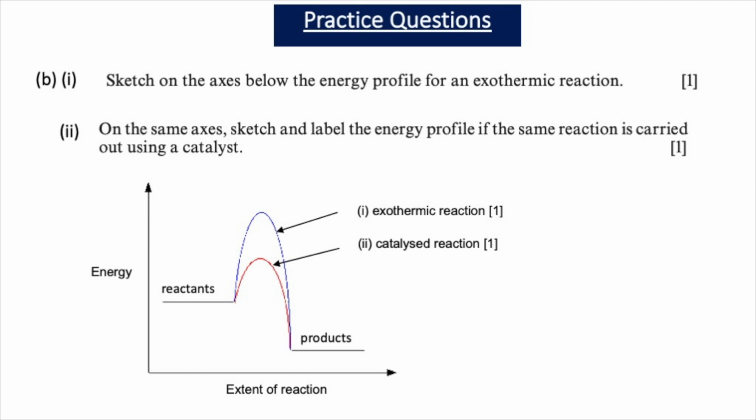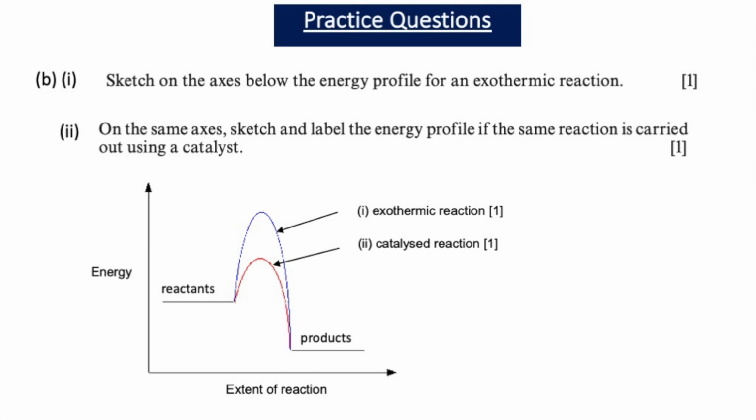So the diagram here with the blue line shows the activation energy of the uncatalyzed reaction, and the red line here shows what would happen to this activation energy if you had a catalyst. So all that's happening here is the catalyst is making the reaction go by a different route or different pathway or different reaction mechanism that has a lower activation energy.